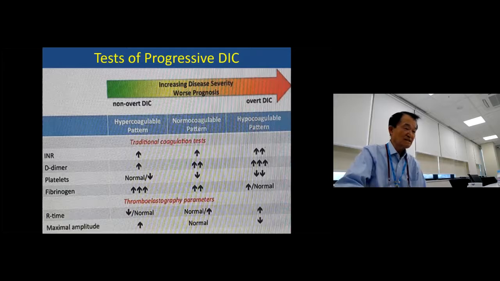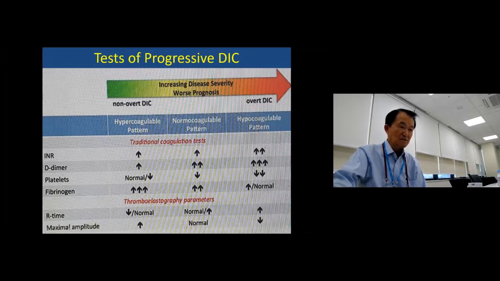So we have a lot of tests clinically. That's INR, as I said, the international ratio of prothrombin time, showing hypercoagulability, is usually high, but in the hypo pattern it's going into disseminated thrombosis.